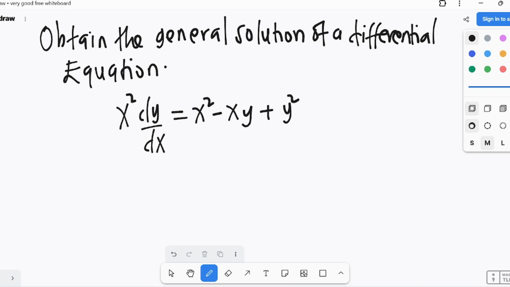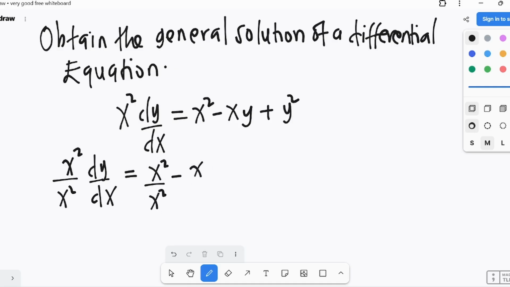So we come and say this will be x squared out of x squared dy by dx is equal to x squared out of x squared minus xy out of x squared plus y squared out of x squared.